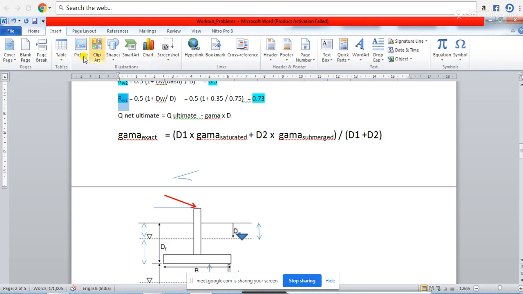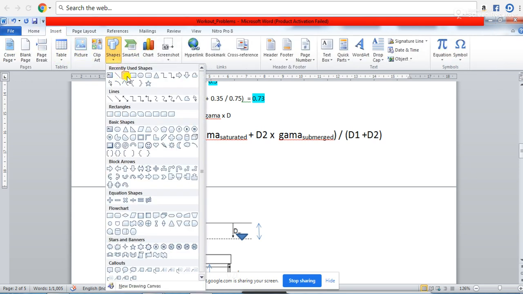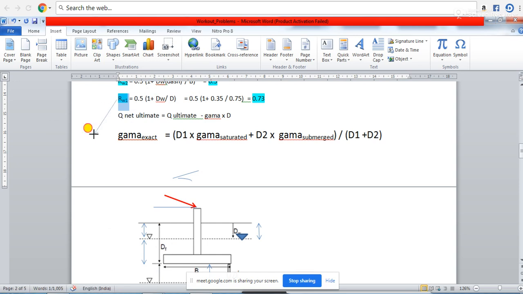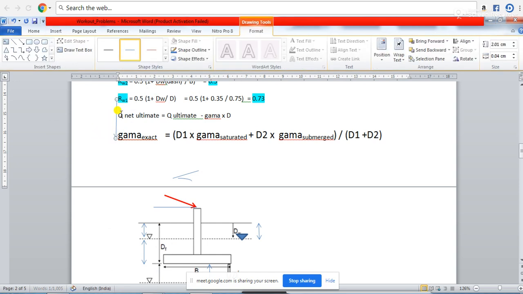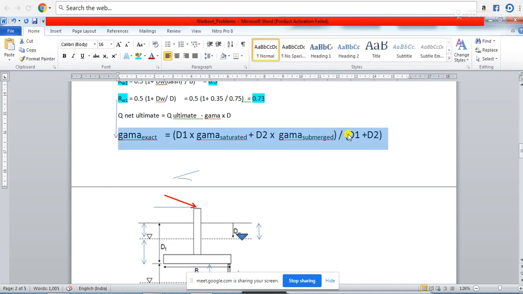Not exactly, but nearly. So this RW1 will be nearly equal to this gamma exact. When you multiply RW1 with the gamma saturated value, you will nearly get this gamma exact value. Are you getting it?